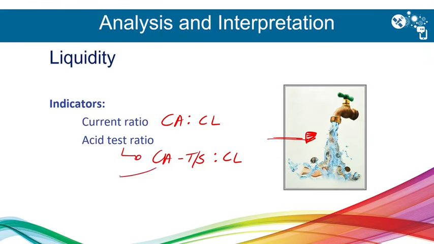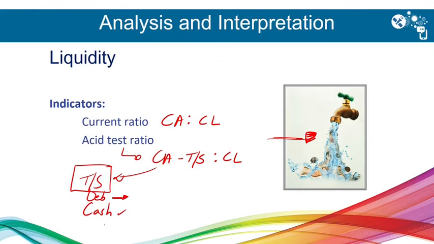Current assets, we know we have the trading stock or the inventory, we have debtors, and we have cash. Now, why do we subtract trading stock? Cash is already cash. The debtors already have an obligation to pay us because we already sold to them.